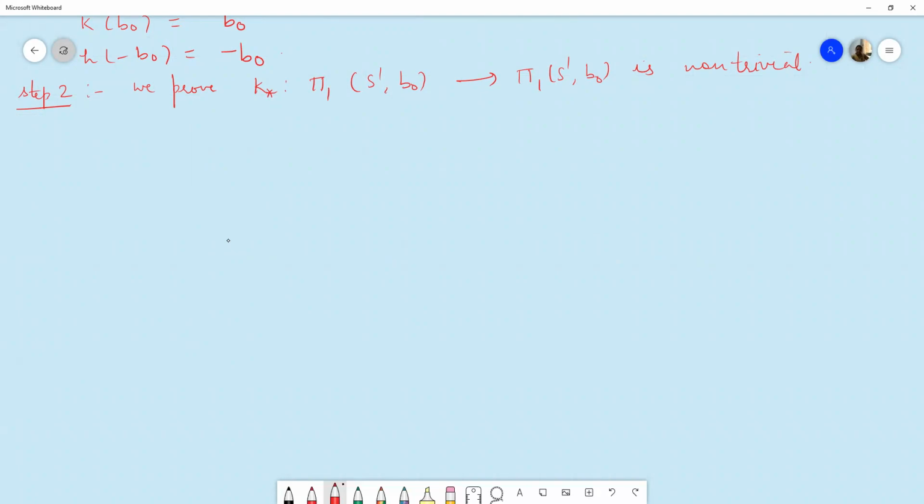So now here, we have already proved that the mapping Q, which we have defined in step 1 from S1 to S1 defined by Z goes to Z square, is a covering map.